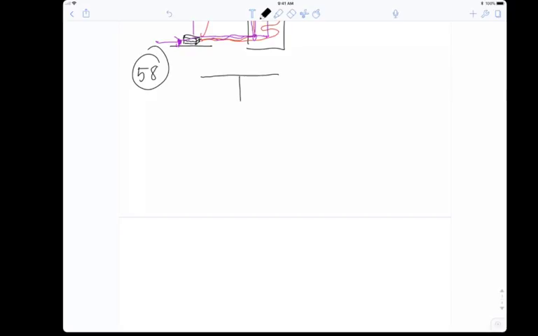Alright, here's your pulley. Here's your, alright, so there's a 3 kilogram and a... oh, it's a 1 kilogram? 1 kilogram. So that's how they are initially. And then they move.